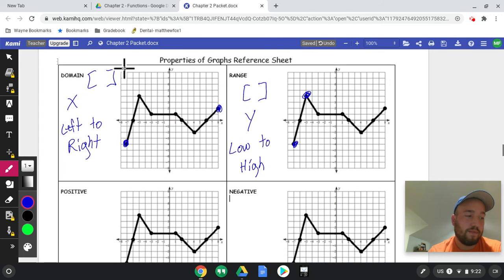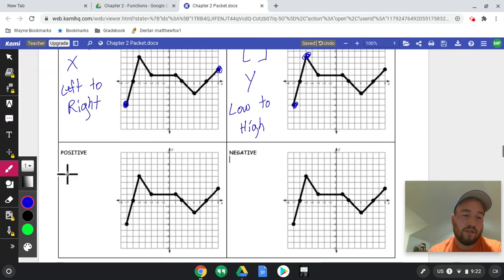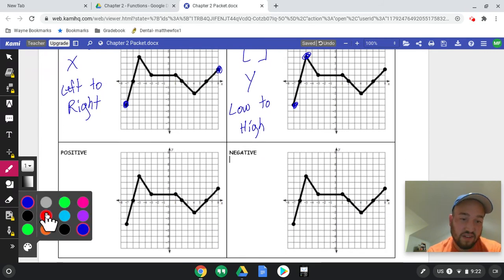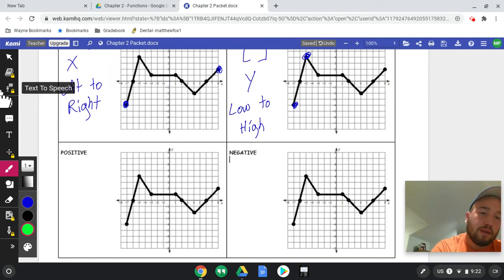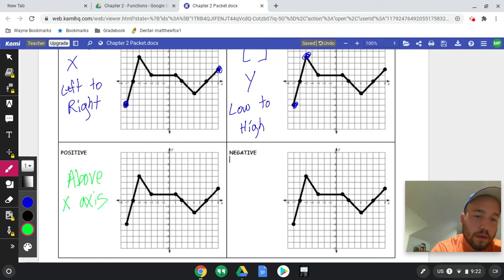Now our next one, where is it positive? And this occurs when it is above the x-axis. So in our case here, it'd be this whole part that I highlighted in green would be considered positive, and also over here, that little chunk.